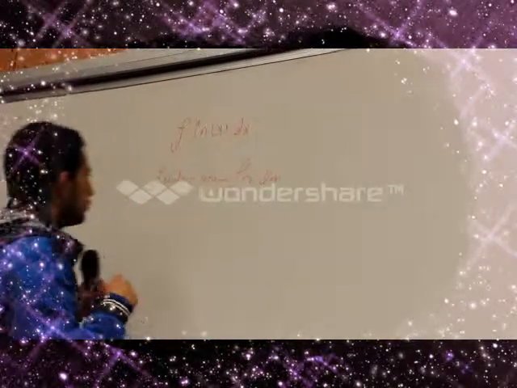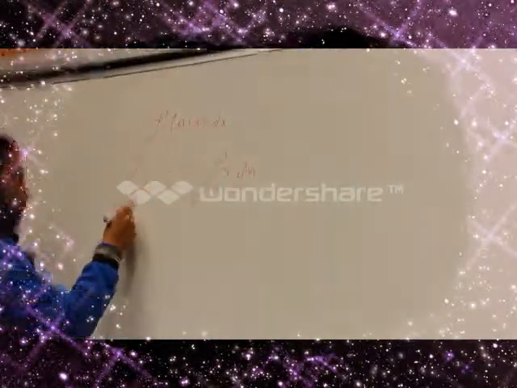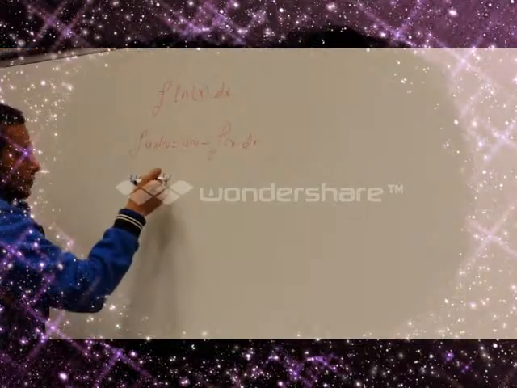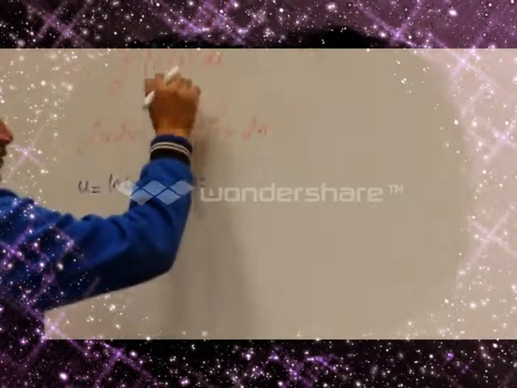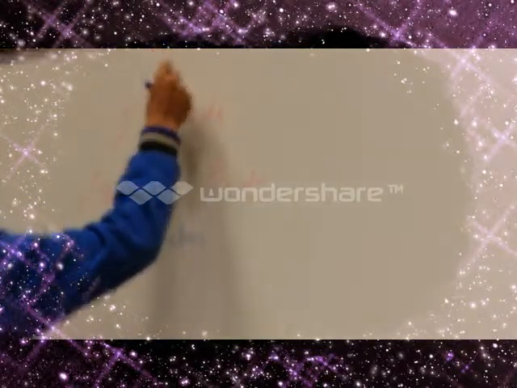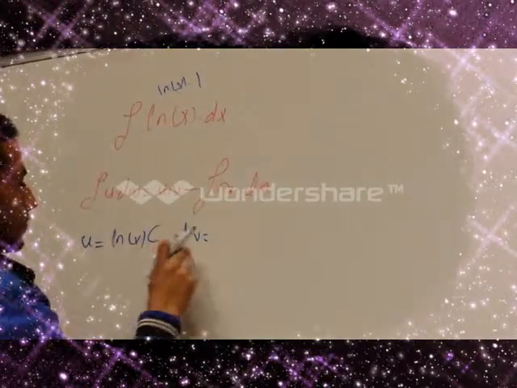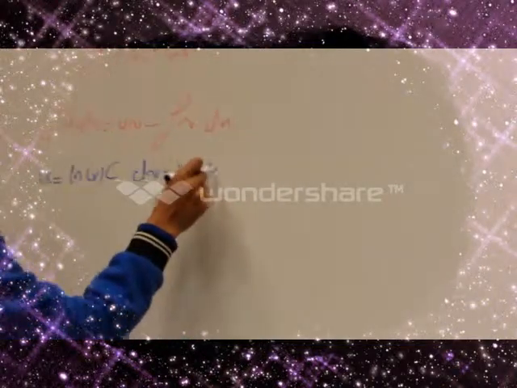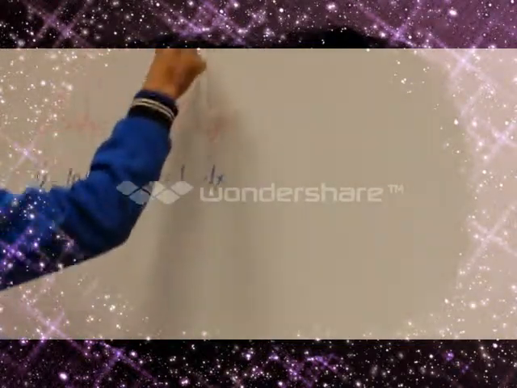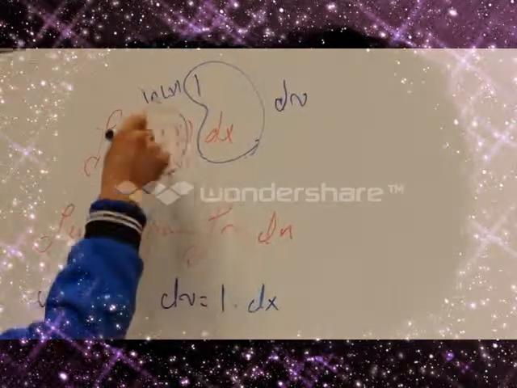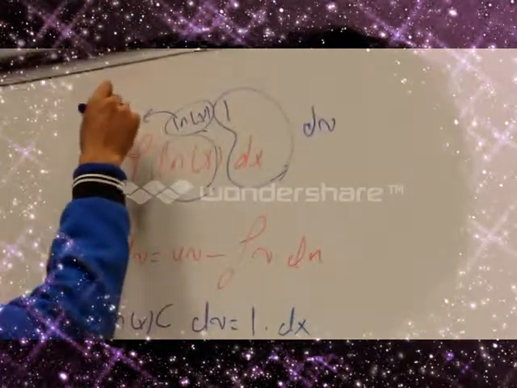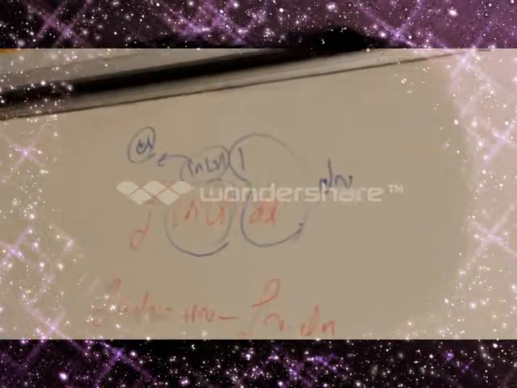We will suppose that u equals ln x, for example, okay? And dv equals, this is actually ln x multiplied by 1, so dv equals 1 dx.